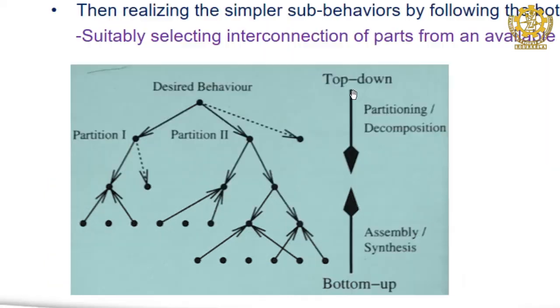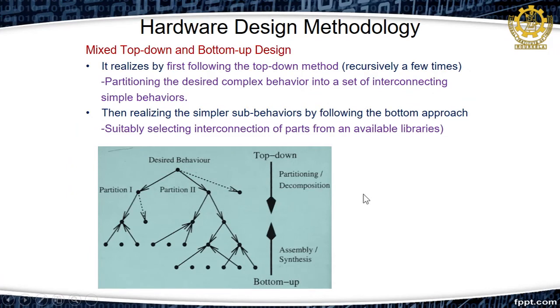Here they are telling that when you are doing the top down approach, it is treated as partitioning the block into small sub behaviors. And when you are doing the bottom up approach, you are taking the available known blocks, small modules, and assembling them to form your desired complex behavior.